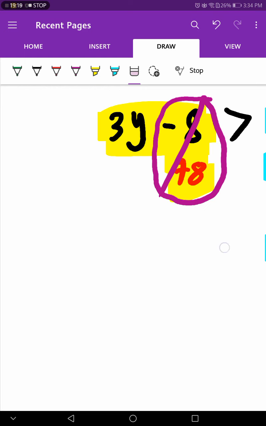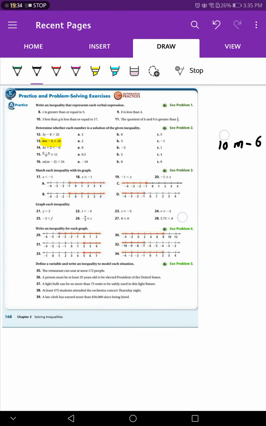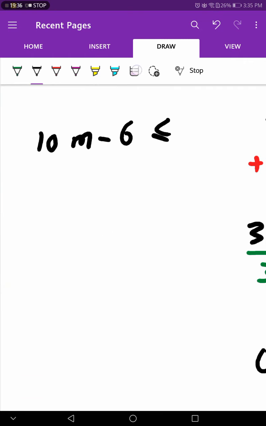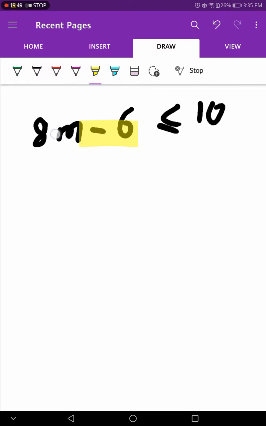It is 10m -6, less than or equal to, let me check. It is 8m, yes. Here we have 8 and here we have 10. Okay, very easy. What is the first step? Determine the left and the right, and we want to let the m alone.